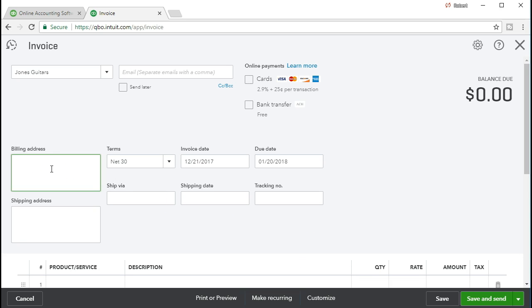Now, note that the billing address over here is going to be really important once again because we want to calculate sales tax, and the new system with the auto sales tax calculation requires that we have either our address and or the billing address in such a way that we will be able to calculate the sales tax. If we don't have that, it's not going to be able to calculate the sales tax.